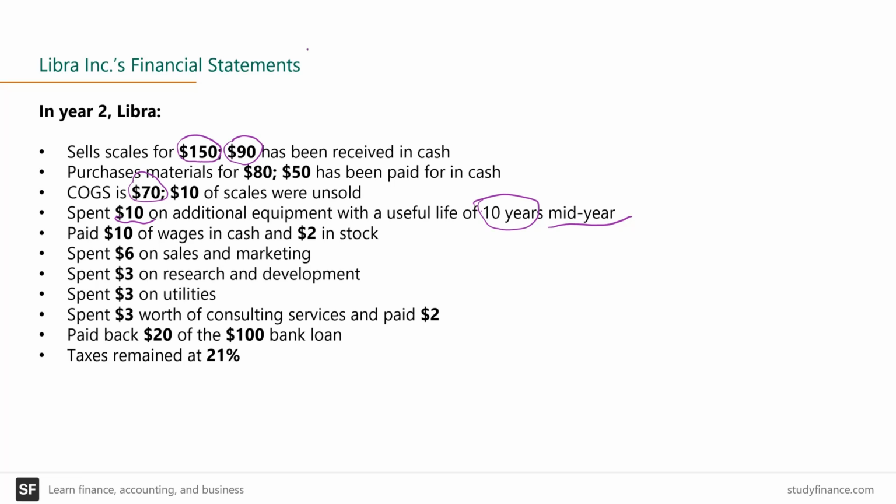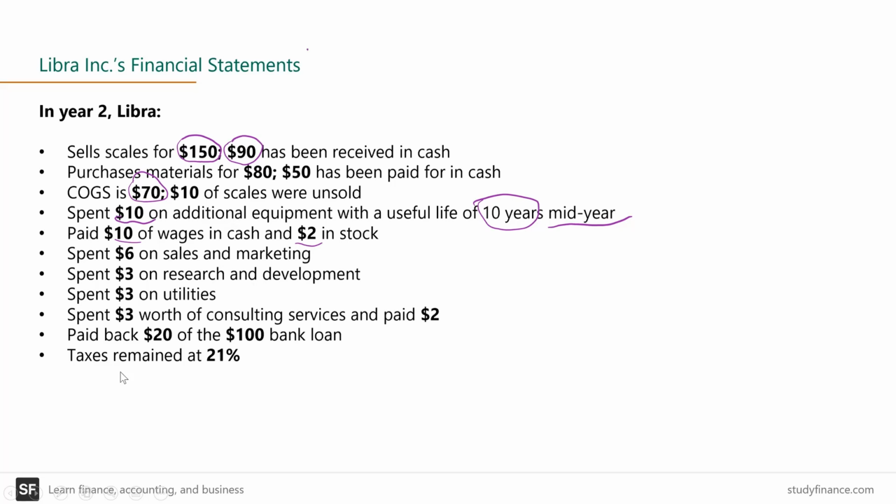For operating expenses, we paid $12 in wages as we hired additional workers and paid $2 out in stock. We also spent $6 on sales and marketing as we ramped that up in order to sell more scales. We spent $3 on research and development, $3 on utilities, and $3 on consulting, which we paid only $2 in cash.